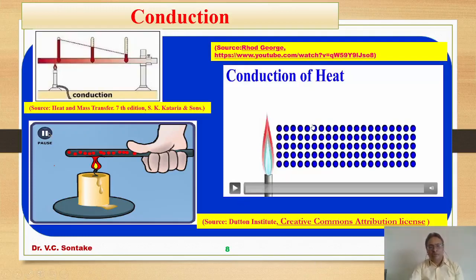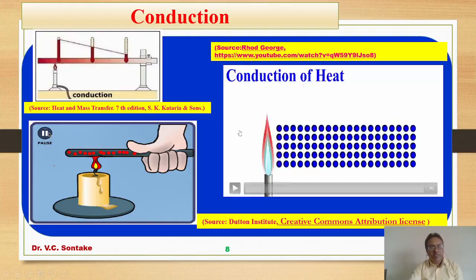Now another video or another image is shown on the right hand side, where the flame is shown and different molecules are arranged in a proper sequence. This figure is nothing but an expanded view of the left hand side of the rod.